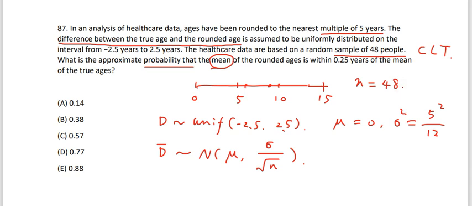Okay, so we know the average for all of these people, the D bar's distribution, follows a normal distribution with mean 0. So sigma is 5 over radical 12, and the standard deviation is sigma over radical n, 48.